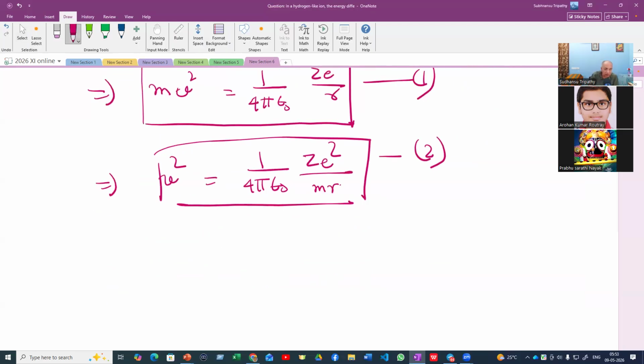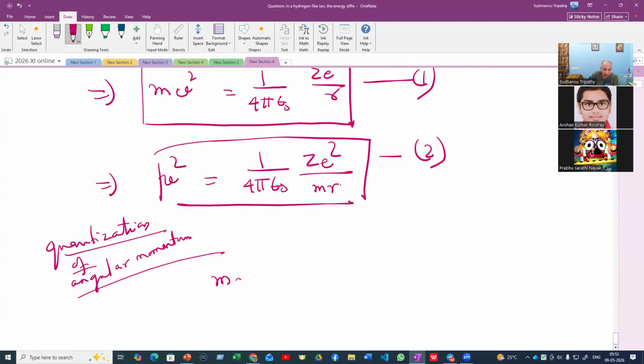Now, let us bring in the postulate of Bohr, quantization of angular momentum. What is that postulate? Who can remind me? That mvr is equal to nh by 2 pi, or n h cross. This is the fifth, last but one postulate we discussed some time before. n into h by 2 pi.